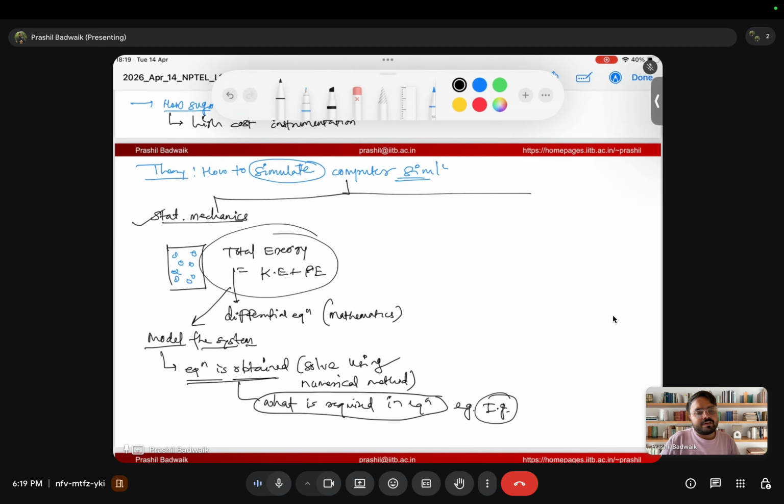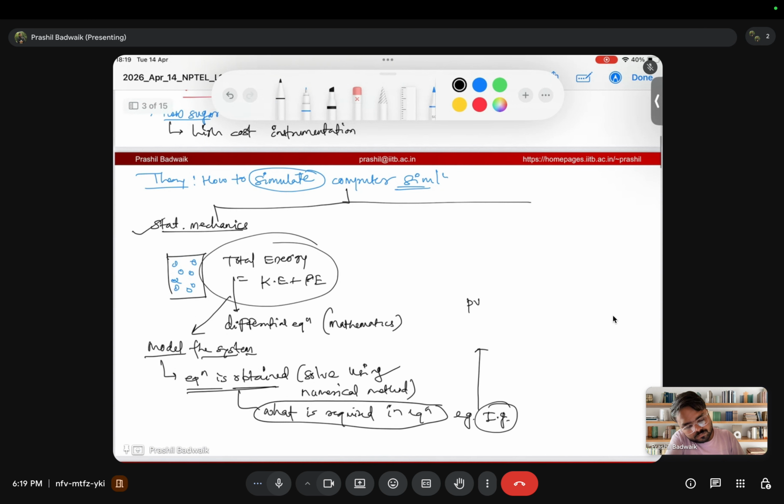Just like in the case of the ideal gas, what we obtained. Again, how did we get this equation? Using a model of non-interacting gas.